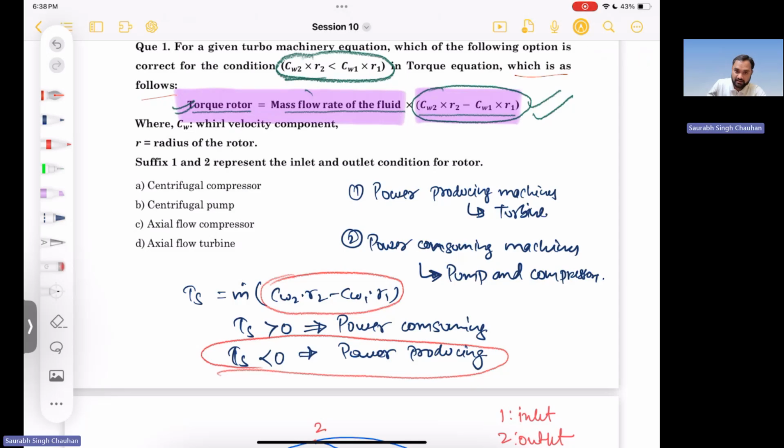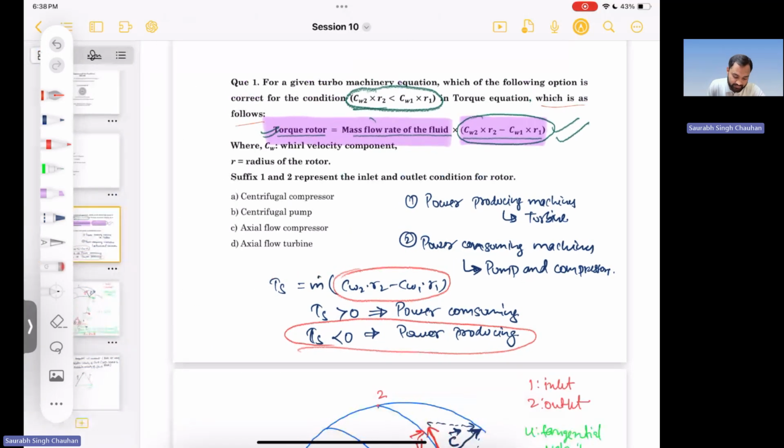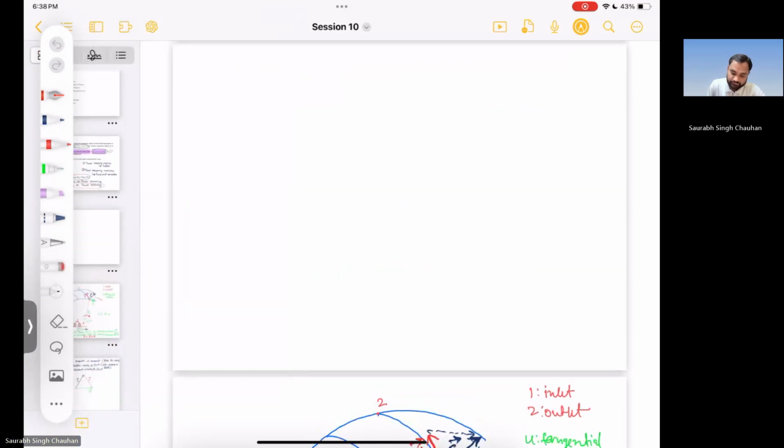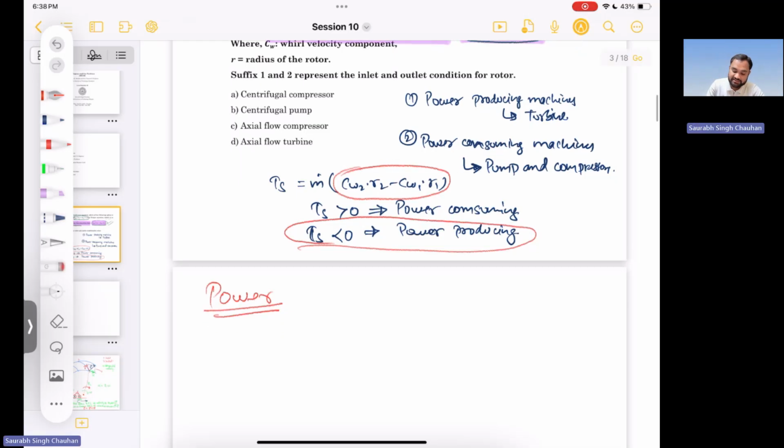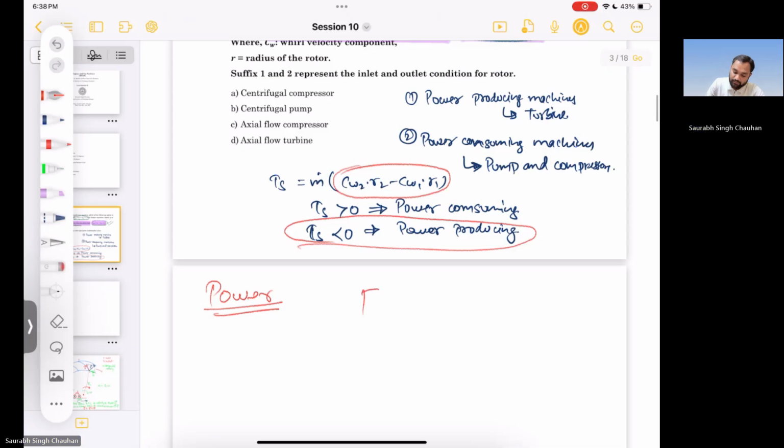Maybe I can explain it a little more so you should be able to appreciate this fact. So what is power? For translational motion, you already know power is given as force times velocity, dot product.